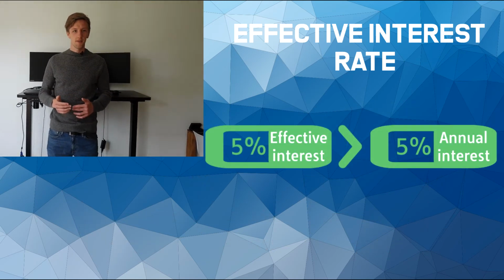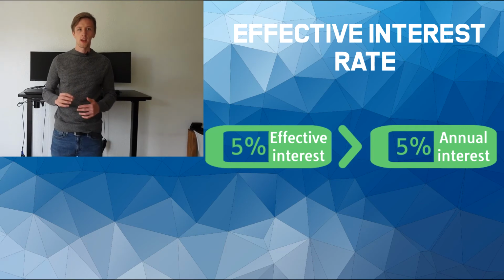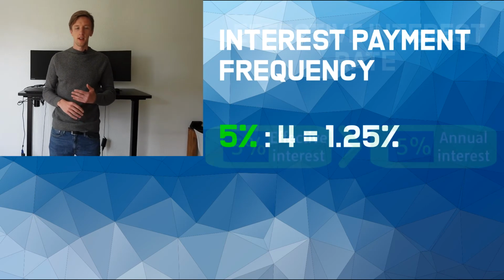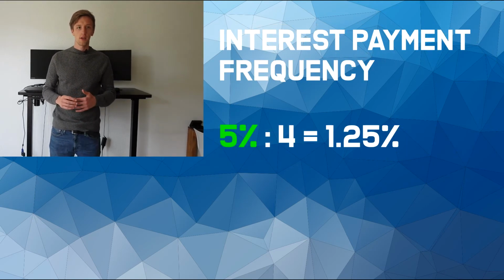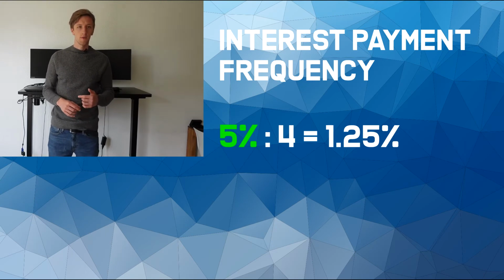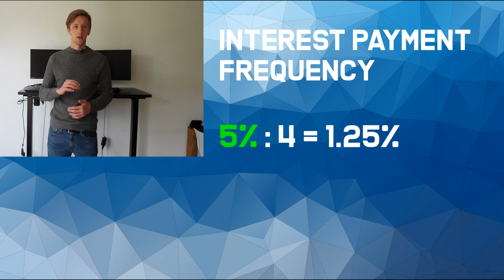Therefore, the effective interest rate is higher than the annual interest rate of 5%. To find out what the effective interest rate is, we first divide the 5% annual interest by 4, and that gives us 1.25% per quarter.